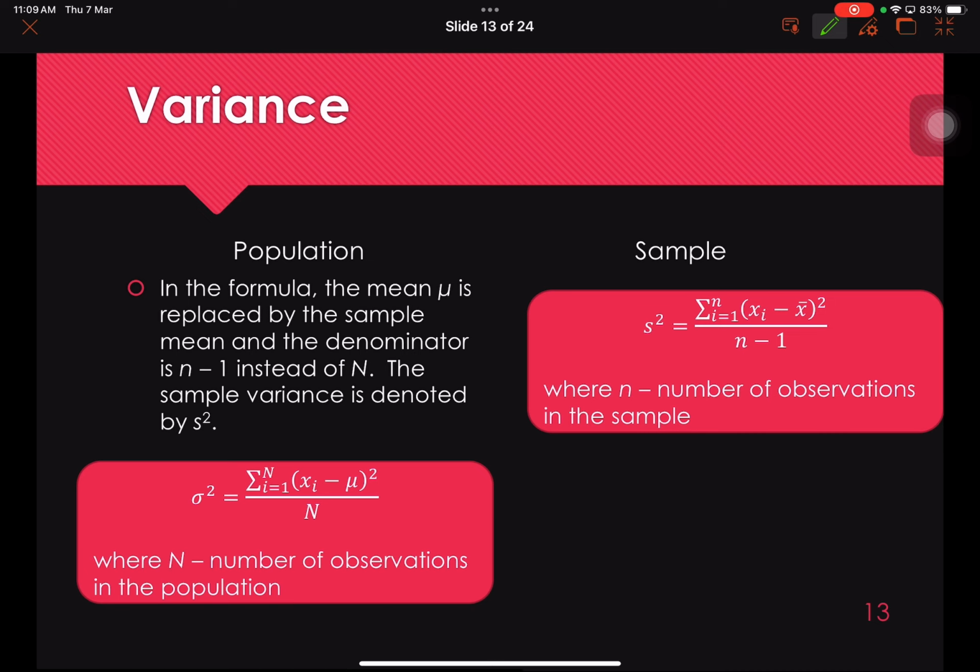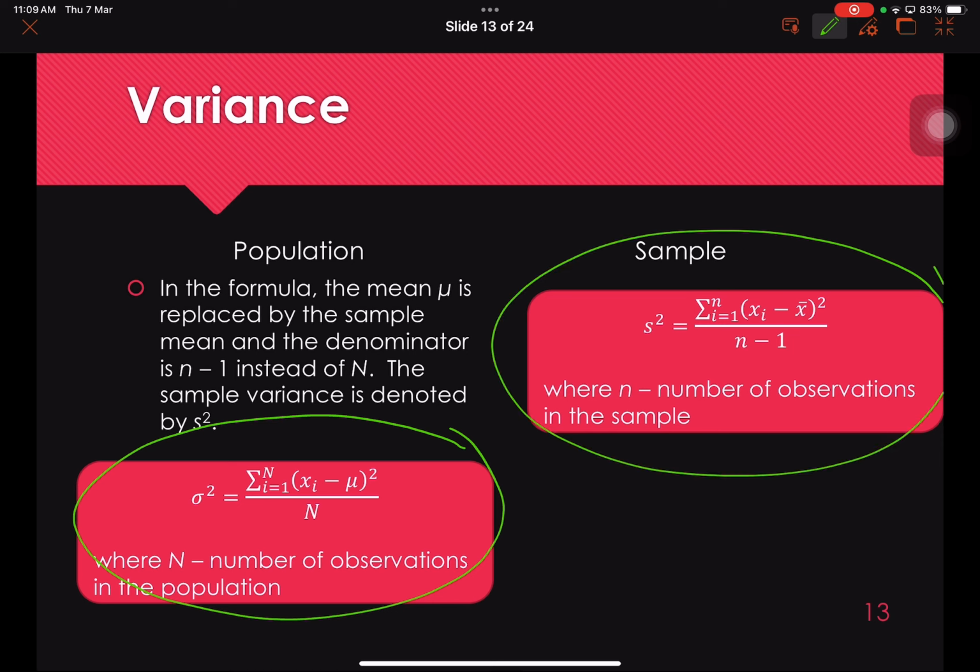If you compare these two formulas, one is for populations and the other is for samples, just by looking at the formula itself. Again, you can Google the formula and you will find different versions. So first, why do you say the left one is the population?